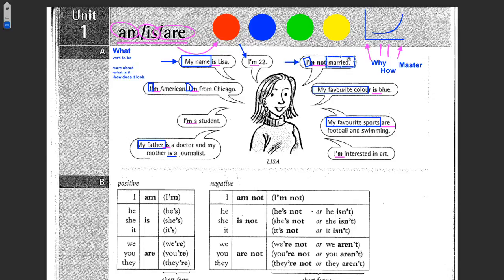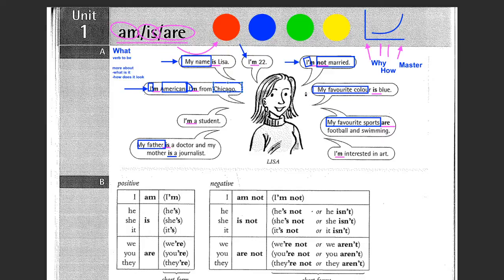We are married. And moreover, in this sentence, I'm American. American is telling you more about I, what country it belongs to. I'm from Chicago, this one is the same.